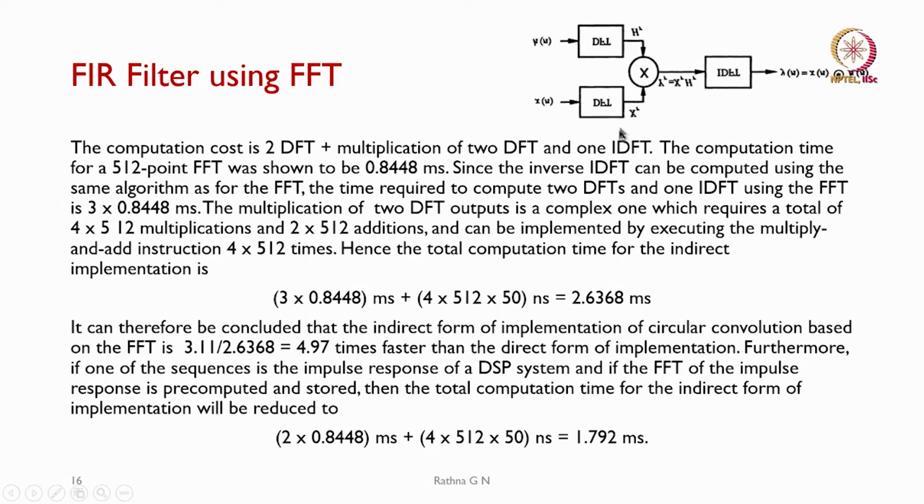So, if we keep the DFT of the coefficients pre-computed, we can avoid one of the DFTs online. Then it becomes 2 into 0.8448, which reduces to 1.792 millisecond compared to our 2.6368 millisecond. So, we will still be gaining.